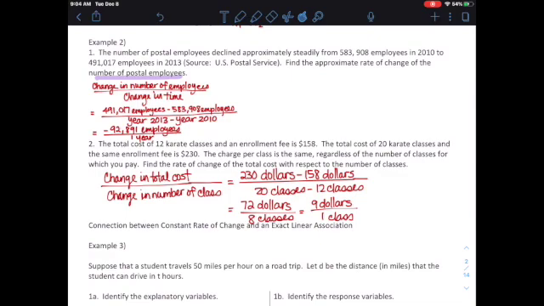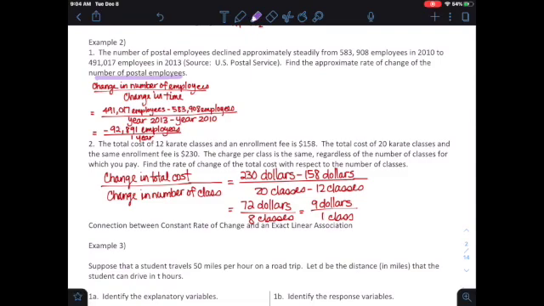The total cost of 20 karate classes, with the same enrollment fee, is $230. The charge per class is the same regardless of the number of classes you pay for. Find the rate of change of the total cost with respect to the number of classes.